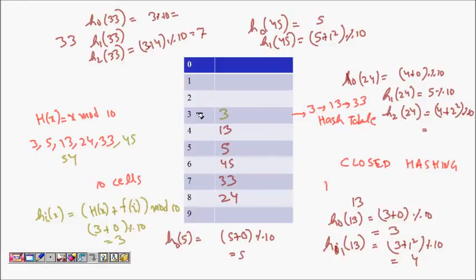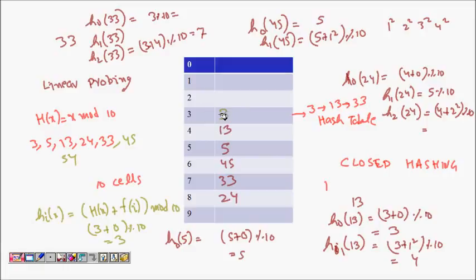Now you can see that there is no clustering effect, because it's adding 1 squared, 2 squared, 3 squared, 4 squared, and so on. It's better than linear probing, because in linear probing, with wraparound, we just found the next empty cell and kept the element there.